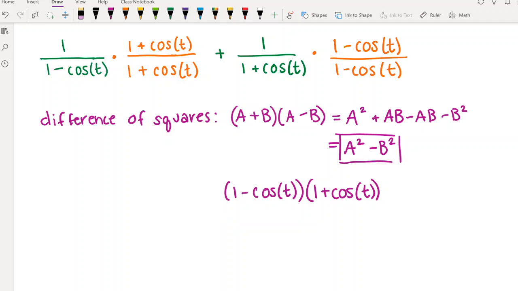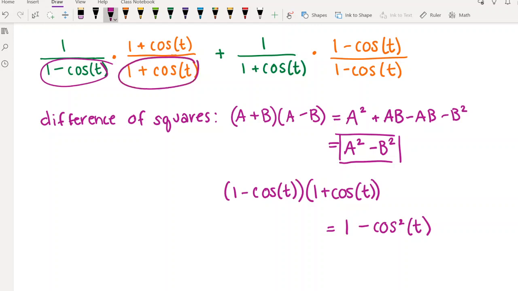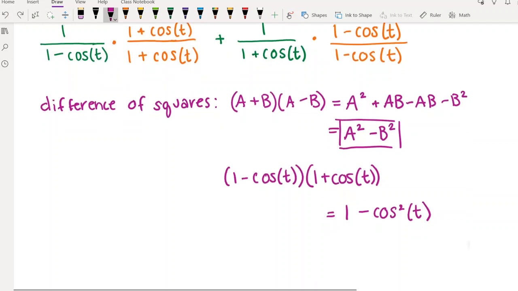And so all I'm going to get is 1 times 1, which is 1, and then cosine of t times cosine of t, and so that's cosine squared of t. So that's going to be our new denominator, right? If we're multiplying these two together to get our denominator, now we know what that denominator is going to be.